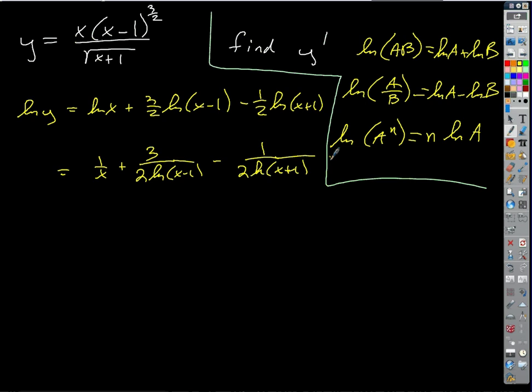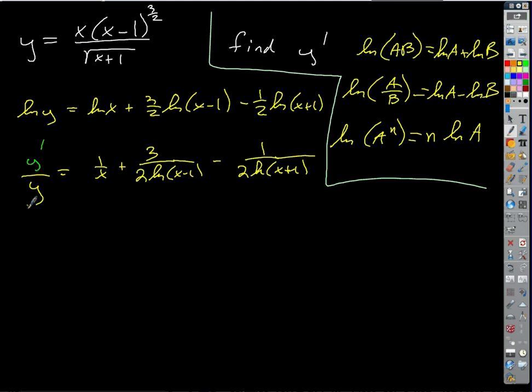What about the left side? y prime over y, right? The derivative of log of y is 1 over y, times the derivative of y, in this case just y prime. So I'm going to get y prime over y. To solve for y prime, which is what I'm trying to find, what's the only thing I have to do?